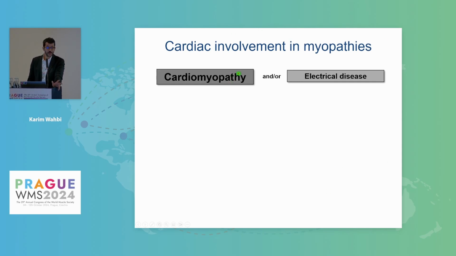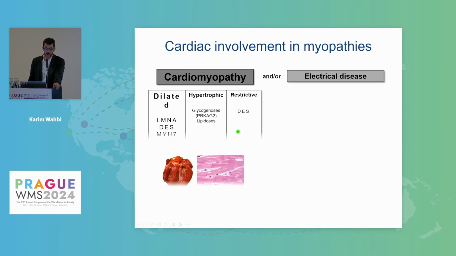You can see different patterns from one condition to another, with sometimes an involvement of the myocardium, sometimes abnormalities of the electrical system, sometimes both of them. Among cardiomyopathies, the most common one by far is dilated cardiomyopathy, which is defined by a reduced contractility of the cardiac muscle, and can be seen in many conditions.